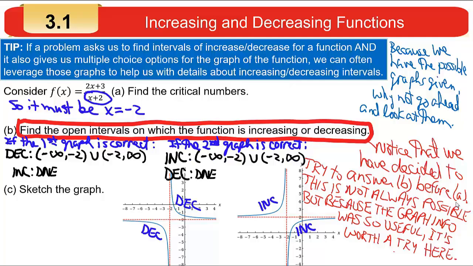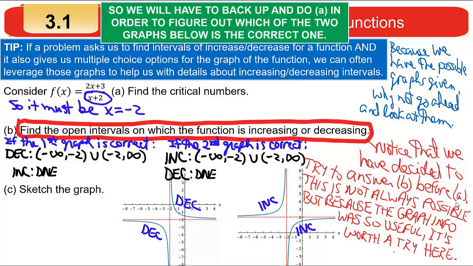Well, how can I do that? If it were the second graph, it would be increasing from minus infinity to minus 2, to the left of the vertical asymptote, and increasing from minus 2 to infinity, to the right. So how can I distinguish between those two things?